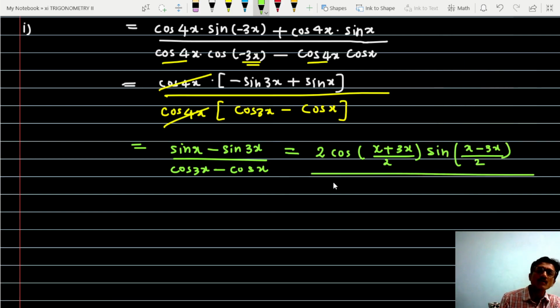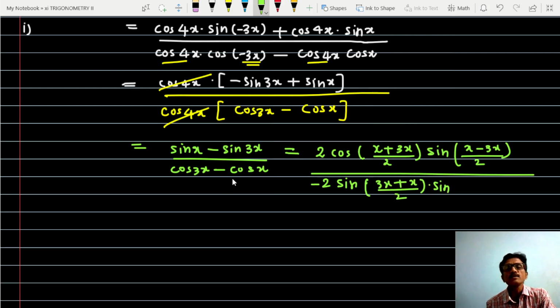Cos c minus cos d is equal to what? Minus of 2 sin c plus d upon 2, that is 3x plus x upon 2 into sin c minus d upon 2, that is 3x minus x upon 2.